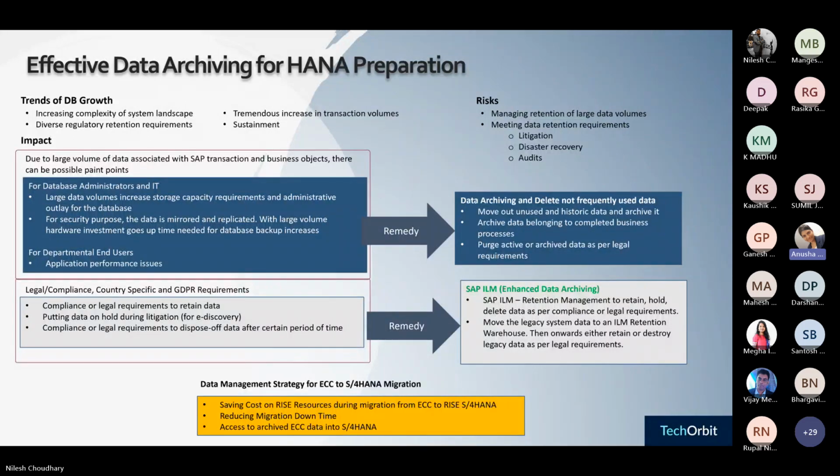Archiving does not just archive complete data from your system. There are certain conditions that it has to meet. One example is sales orders. The reason why we create a sales document is that we want to give our product to the end customer. If the product has reached the end customer, then my purpose of sale is completed.